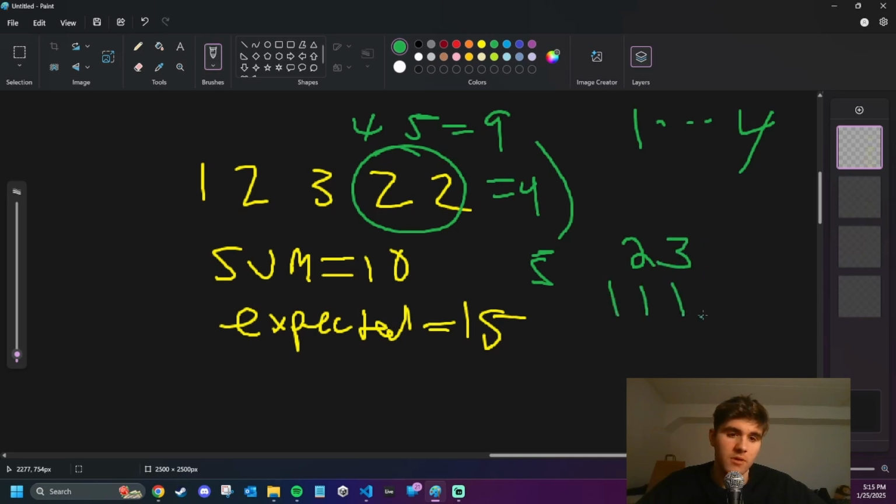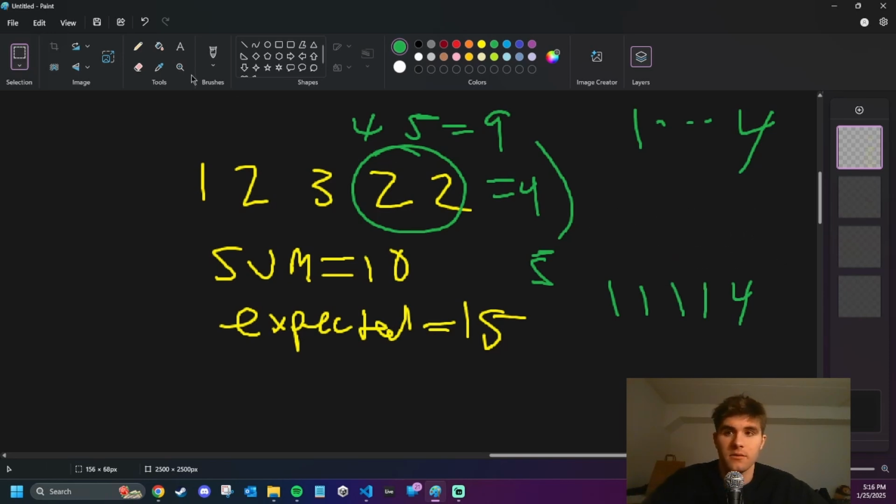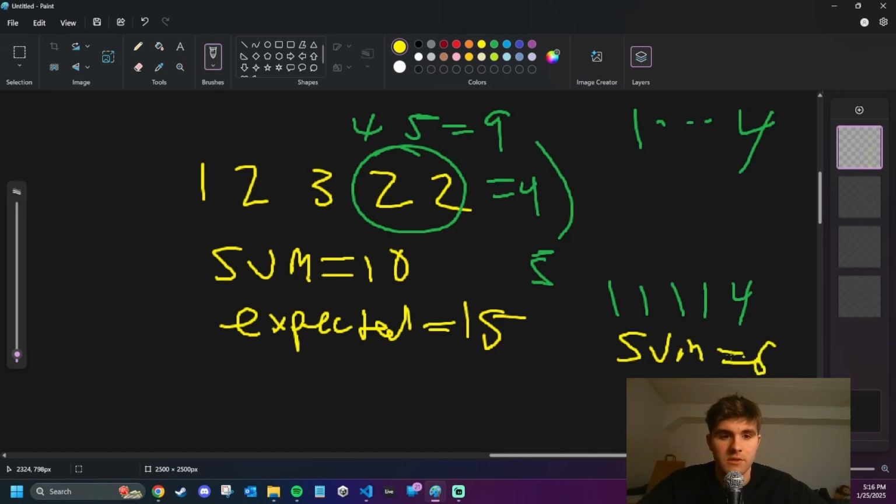So if we had 1, 1, 1, 4, 5, but we can't actually have 5. So would it be 1, 1, 1, 4? And that would give us, well, if it was 1, 1, 1, 4, then the sum of that is actually 8, which is not what ours is. But what if we instead, so we need 2 more, so if we added in a 3, then the sum of this would be 10. Is that possible?